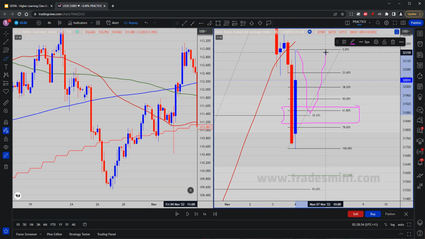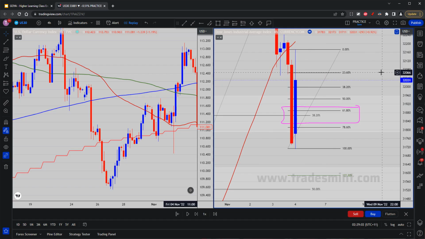Okay, currently we're on the 4 hour. So of course you would go on the lower time frame. You would go in 1 hour. You can even go in 30 minutes or 15 minutes to have more precision. But with the replay function here on TradingView, we cannot do that without messing the chart.